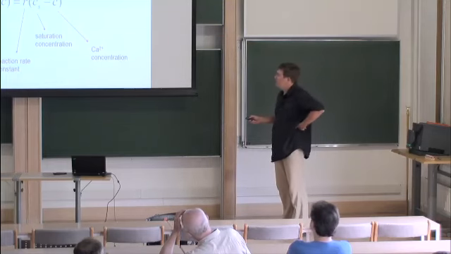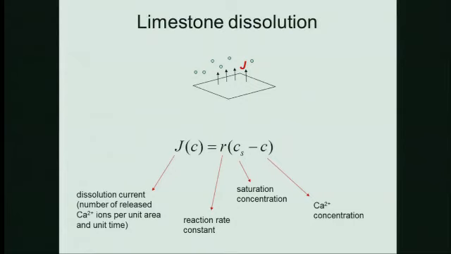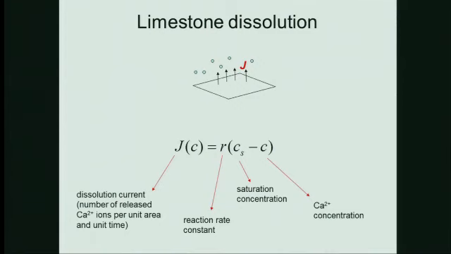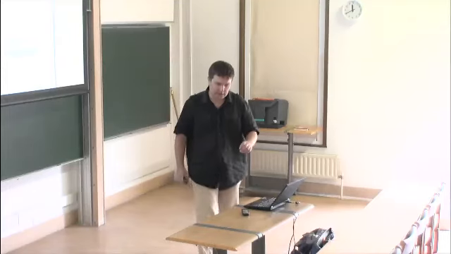Then the solution saturates with salt, or with calcium ions in that case, and the dissolution stops. And in the first approximation, you can just assume that this relation is linear, so that the dissolution current is some proportionality constant called the reaction rate times the undersaturation, the difference between the saturation concentration of calcium ions and the actual concentration at the fracture wall. The dissolution law looks like this.